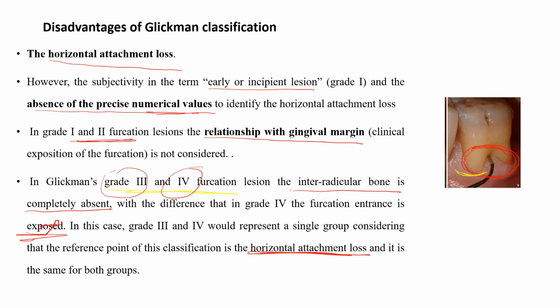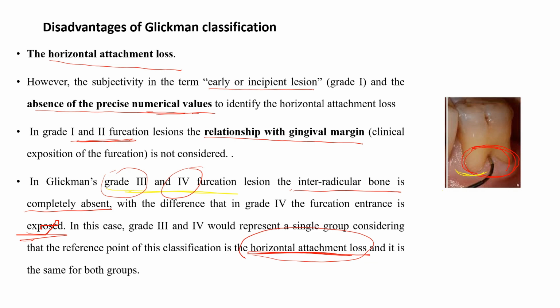Otherwise, if we consider only the horizontal attachment loss, which is the major criterion of the classification, then in both grades there is complete absence of bone. So it is a little confusing what to consider: the obstruction or the horizontal attachment loss.